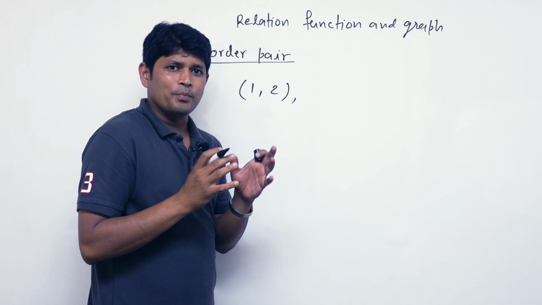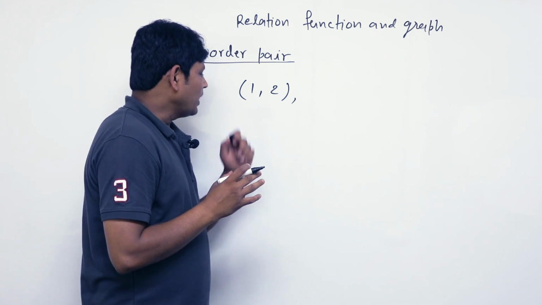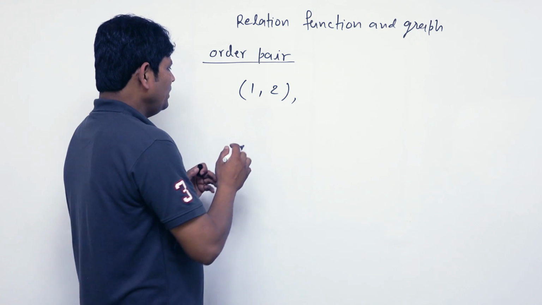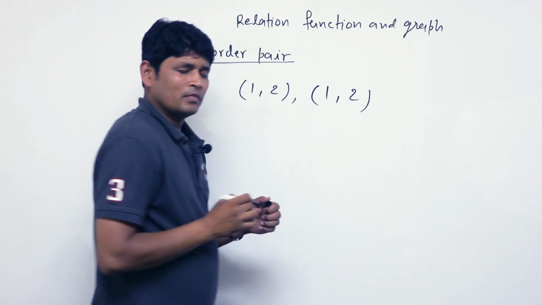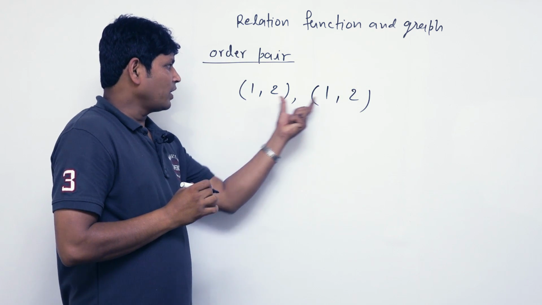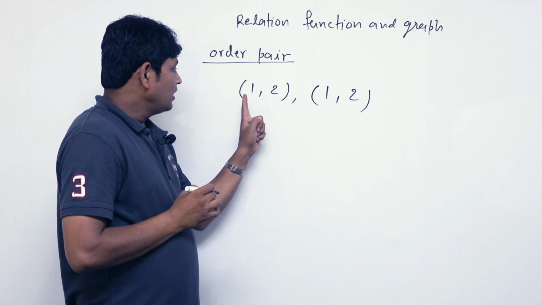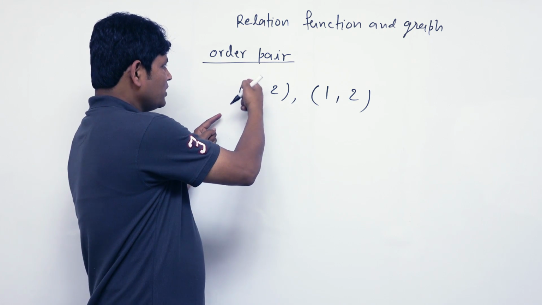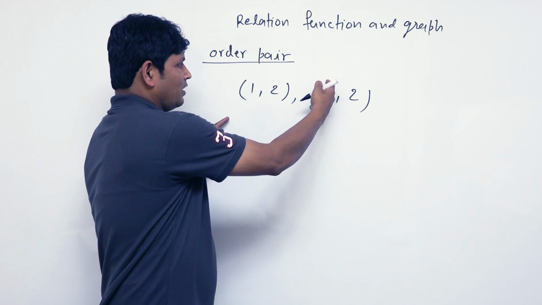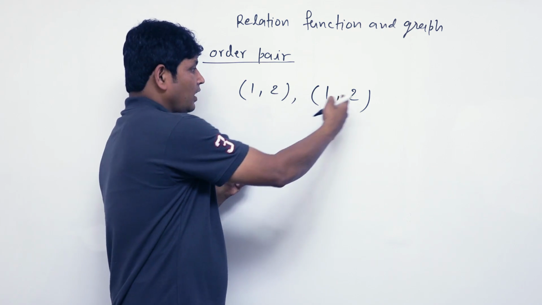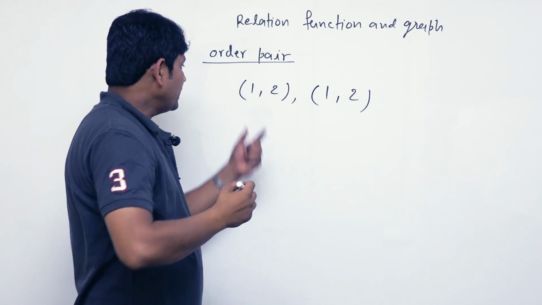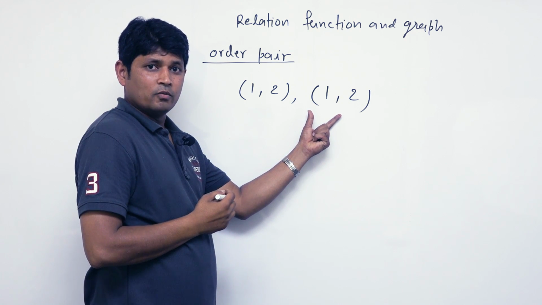And how two ordered pairs are related, that we have to understand. Suppose I write 1, 2 and 1, 2. Are these ordered pairs equal or not? Yes, they are equal, because their first components are equal and their second components are equal. That is why these ordered pairs are equal.